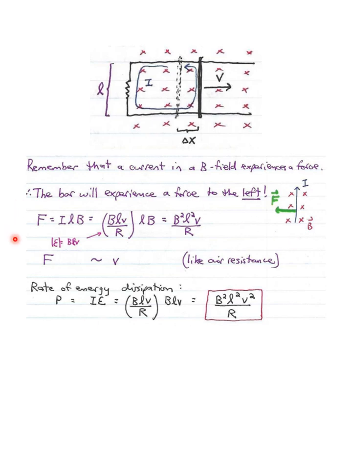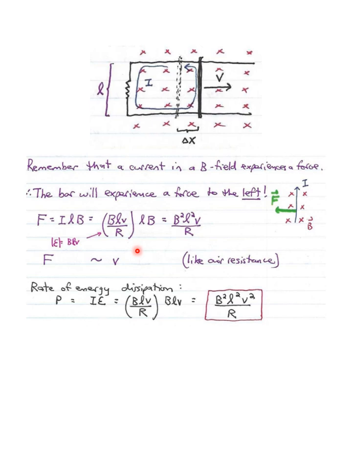Now, the force that it feels is ILB. Remember, current times the length of that bar times the magnetic field. And let's replace the current with the electromotive force, which is BLv, I found that on the last page, divided by resistance.